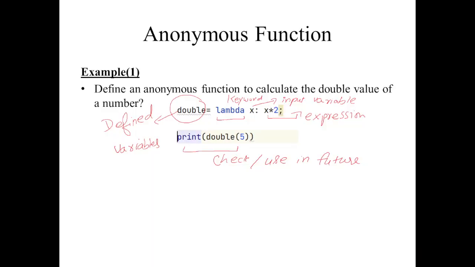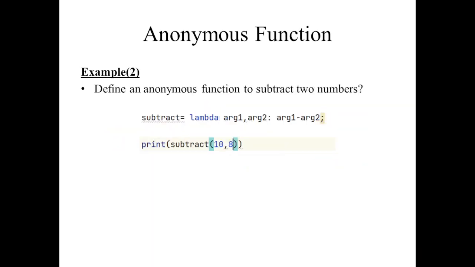Let's look at another example. Here is another example that defines an anonymous function to subtract two numbers. Simply, first of all we will define a variable, because an anonymous function has no specific name, so it always uses some variable in which the data should be stored.